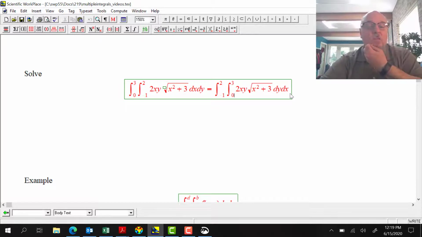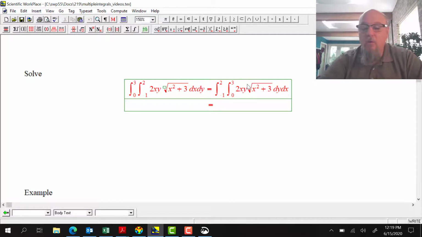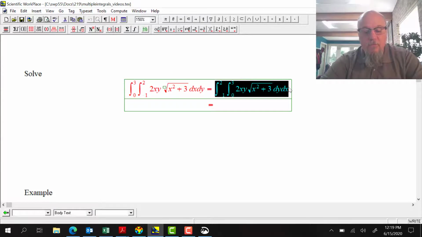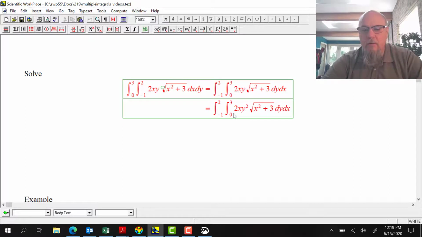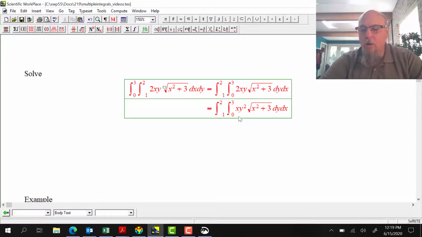Now, why did I want to do the y first? Because I think the integration is easier that way. When I integrate this with respect to y first, that's going to be just straight y squared, and all of those things with x's are constants.